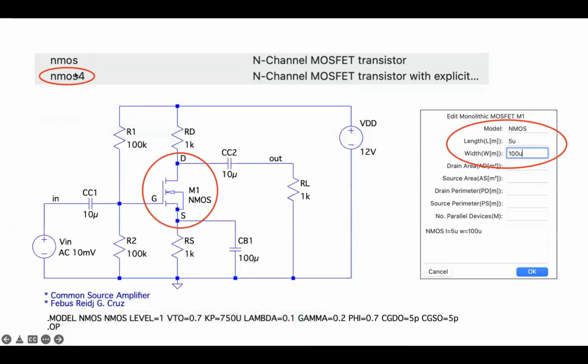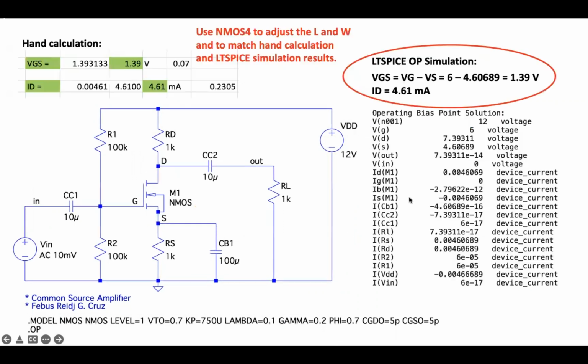So I replaced the NMOS with the NMOS 4 component so that I can set the W over L the same as the hand calculation. So 100 micrometer over 5 micrometer will give us a ratio of 20. Okay? And by doing that, we're able to match or have the same results with our hand calculation and the LTspice simulation. Okay?